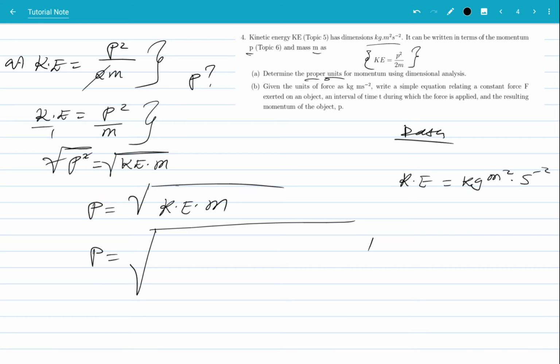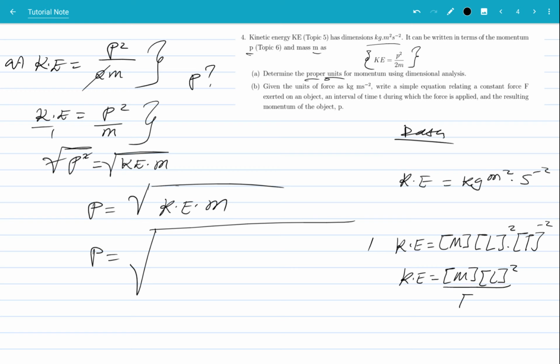So now what would be the dimensions? KE is equal to kg is the mass, so capital letter M, then m is meters, so we say capital letter L squared, s is time, T to the minus 2. Whenever you have a minus 2, this can also be written in this format, over T to the power 2.